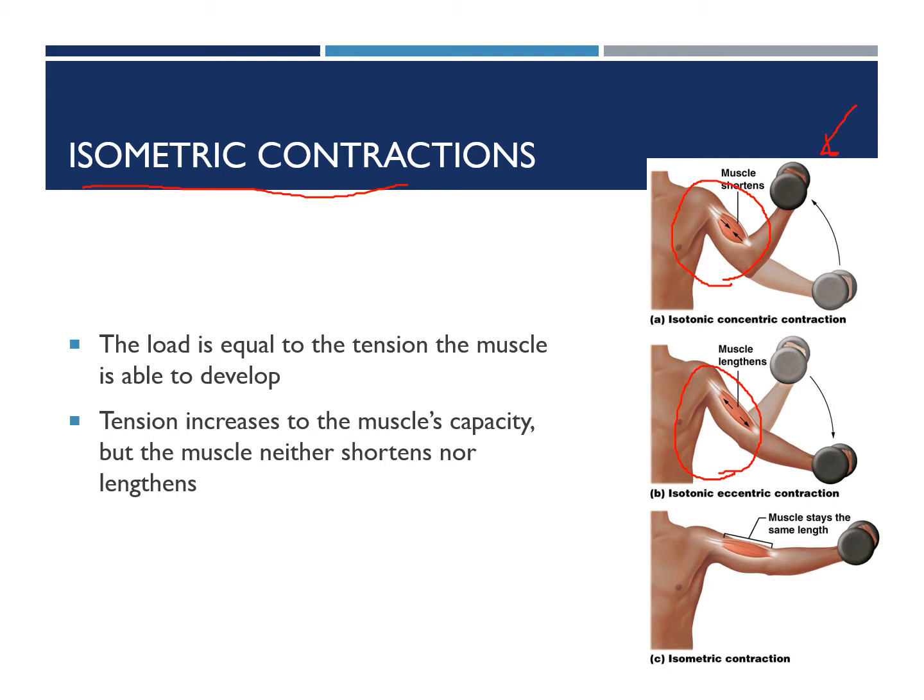And then we have the isometric contraction, where the muscles generate tension while they're contracting, but the muscle neither lengthens nor shortens. My parents, by the way, used to have a book on their bookshelf that advertised you could tone up and firm your muscles using solely isometric exercises.